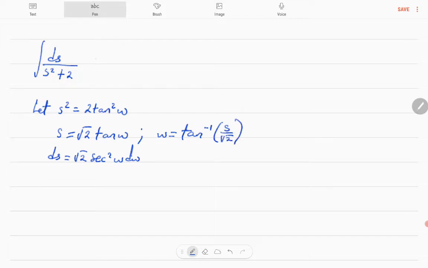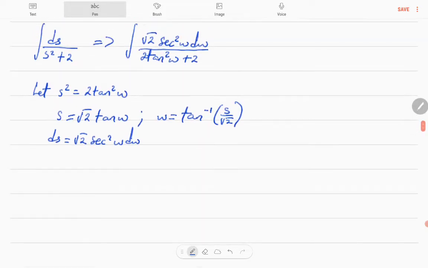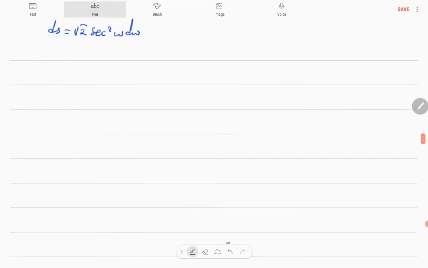So I'm just going to bring all these properties back here. So I have integral of ds is root 2 sec square w dw, divided by s squared is 2 tan square w, plus 2. So I'm just going to bring it down here.